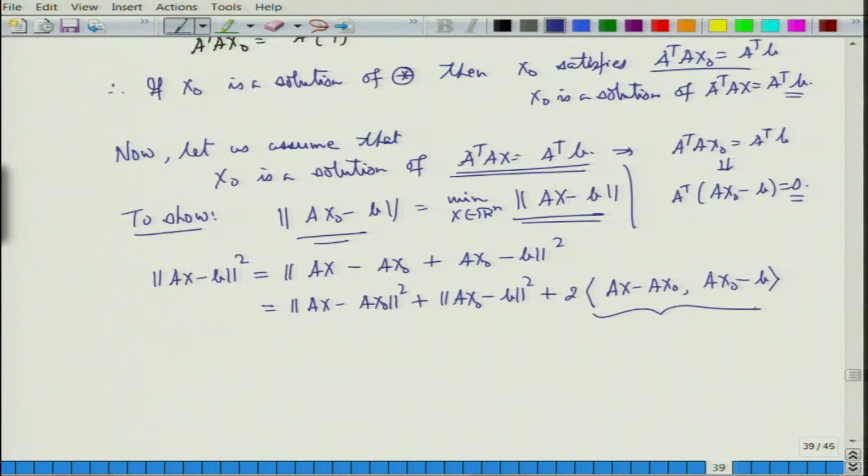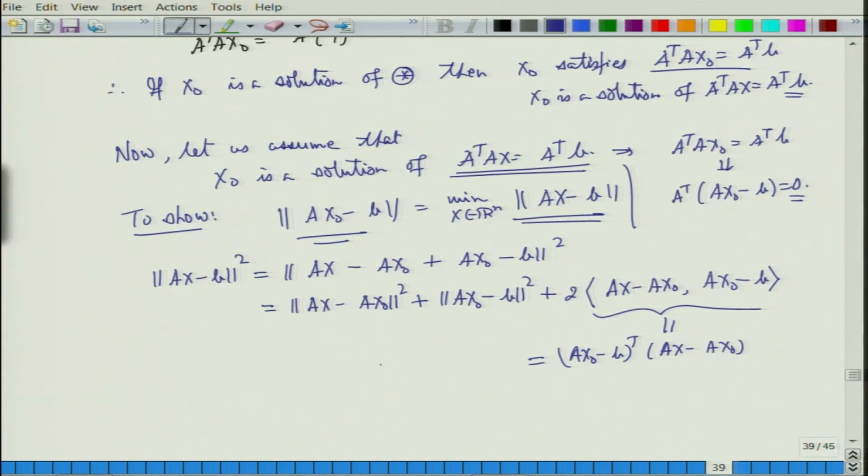So, let us look at what this is. By definition this is Ax naught minus b whole transpose Ax minus Ax naught, fine, or I think I have written it the other way around here. So, let me write the other way around. All right.